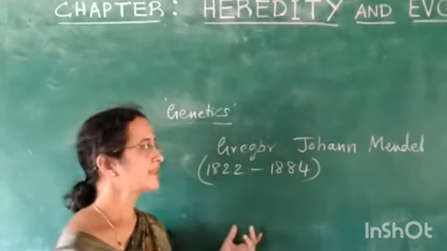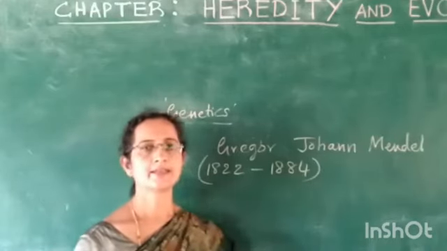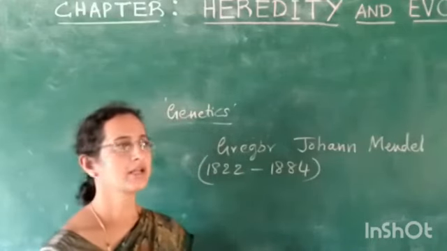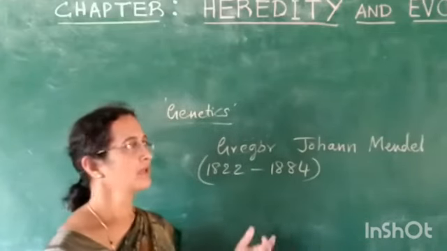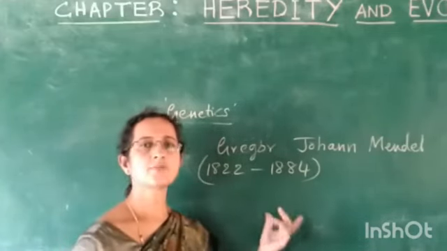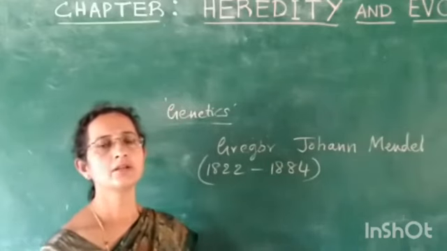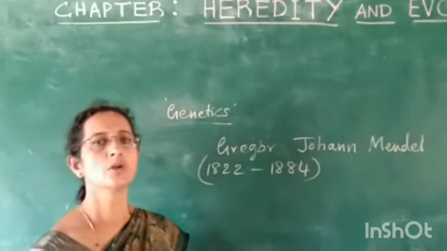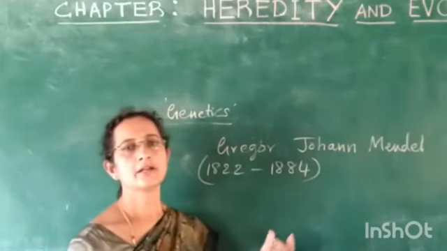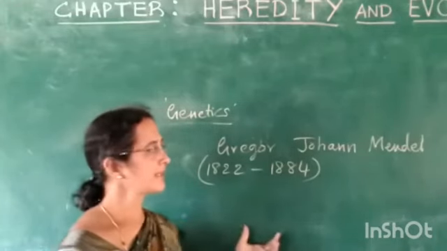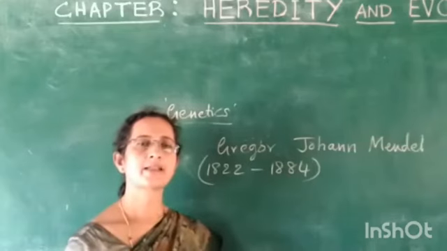There he took science and maths as his favorite subjects. He learned all those subjects very well, but he couldn't get a certificate to teach in those subjects. He returned to the monastery and continued his studies in science and maths.